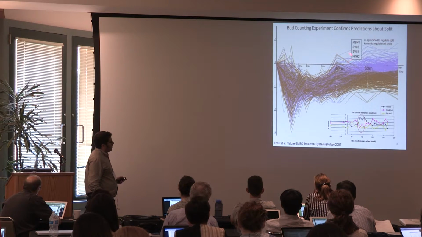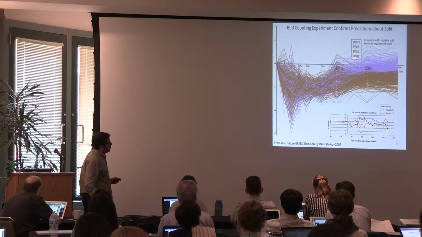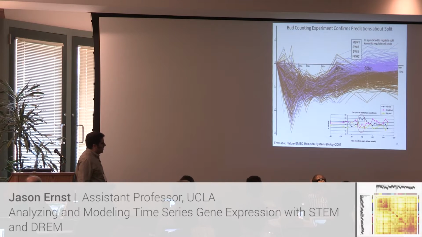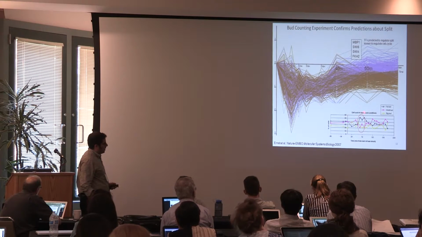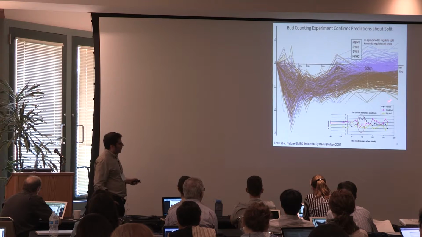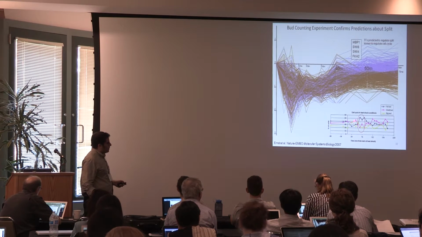And so we can make the prediction that these transcription factors, and there were several others, were regulating these higher genes. If you're familiar with yeast transcription factors, you would recognize these as the cell cycle transcription factors. In collaboration with Idamar Simon's lab, they did heat shock experiments and a bud counting experiment to count whether you had no buds, small buds, or big buds, to get a quantification of where things are in the cell cycle.